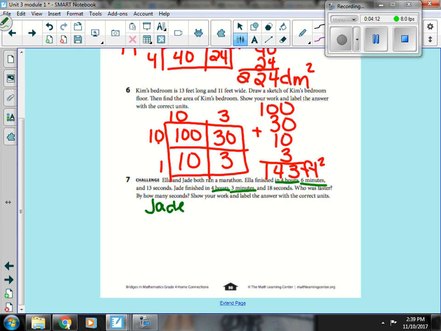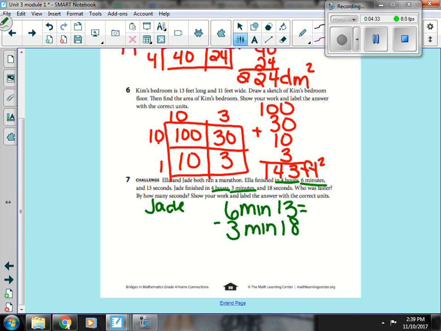Well, the hours are the same, so I don't have to worry about that. The part that I need to think about is the 6 minutes and 13 seconds, and subtract the 3 minutes and 18 seconds. Well, since I can't take away 18 from 13, I need to change my minutes to seconds.